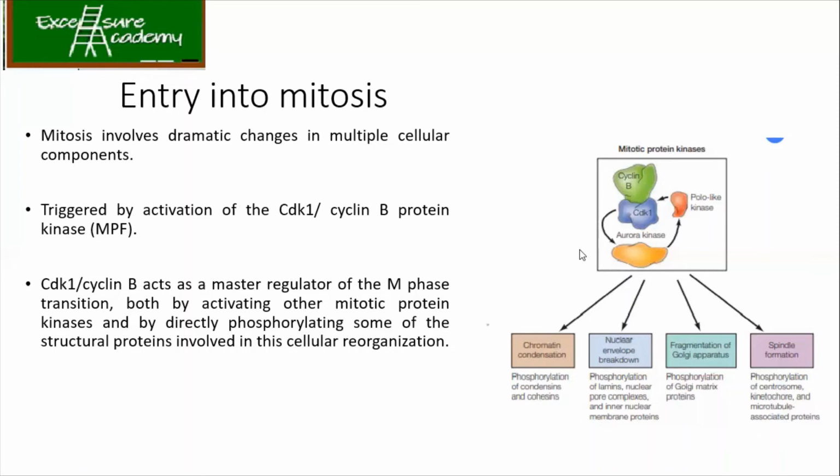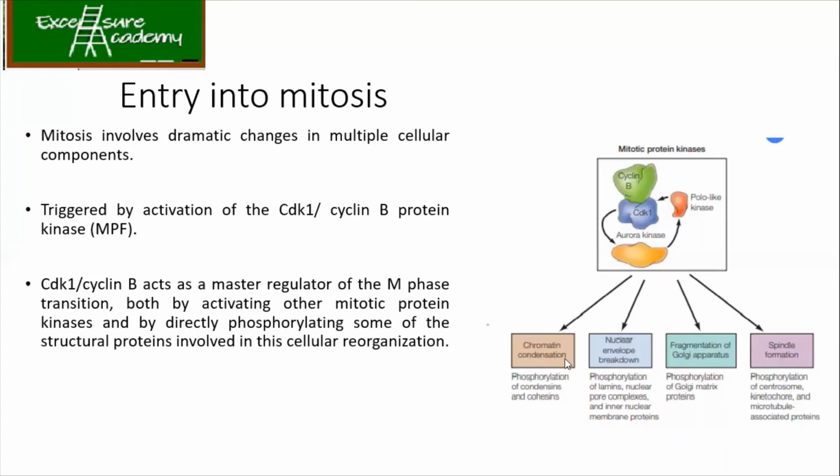Okay, to ensure that the cell division is happening properly. So CDK1 cyclin B act as master regulator of the M phase transition by activating other mitotic protein kinases and phosphorylating some of them. Now see what happens: as MPF gets activated, it is going to result in so many functions.